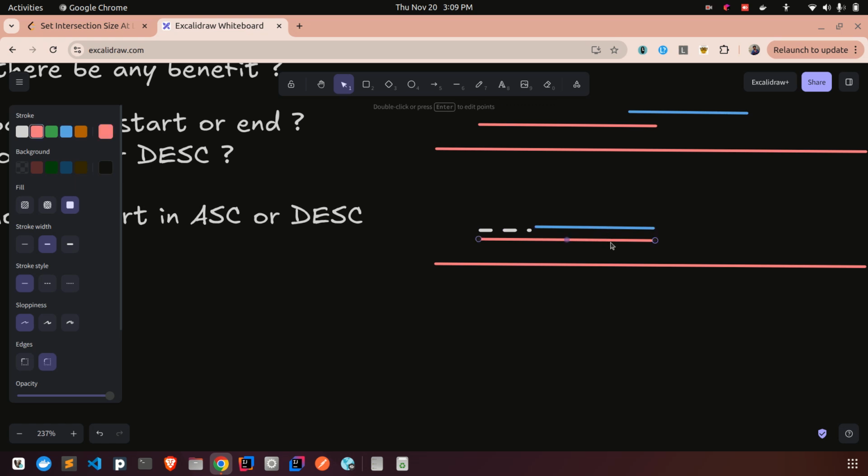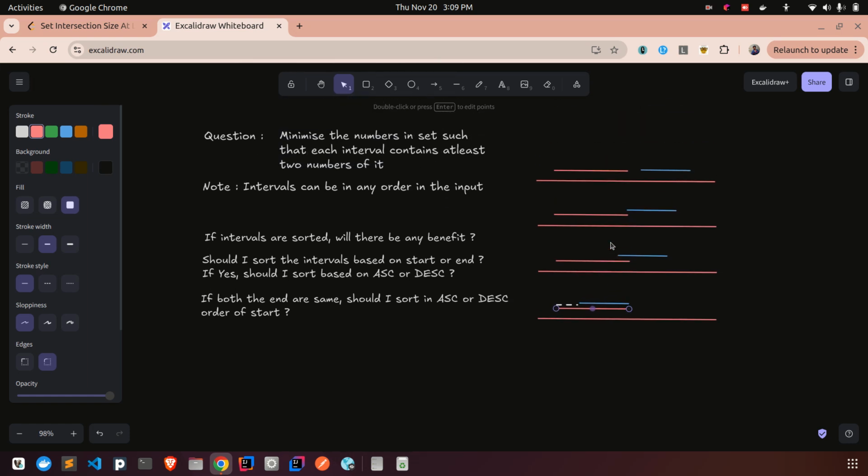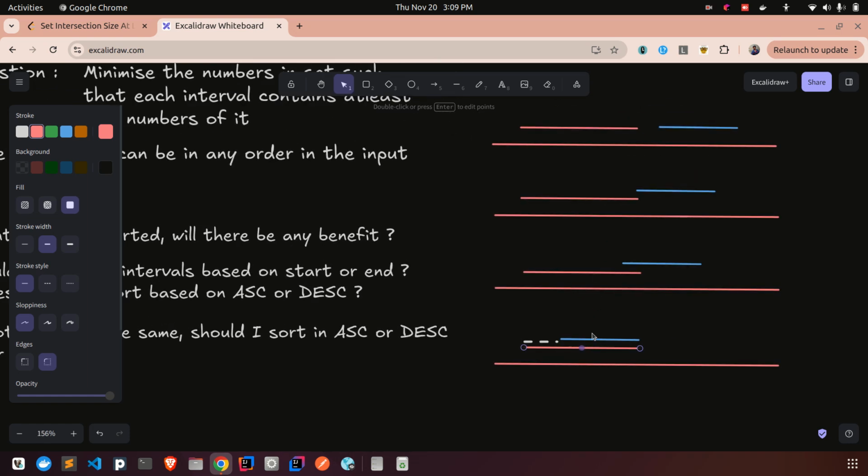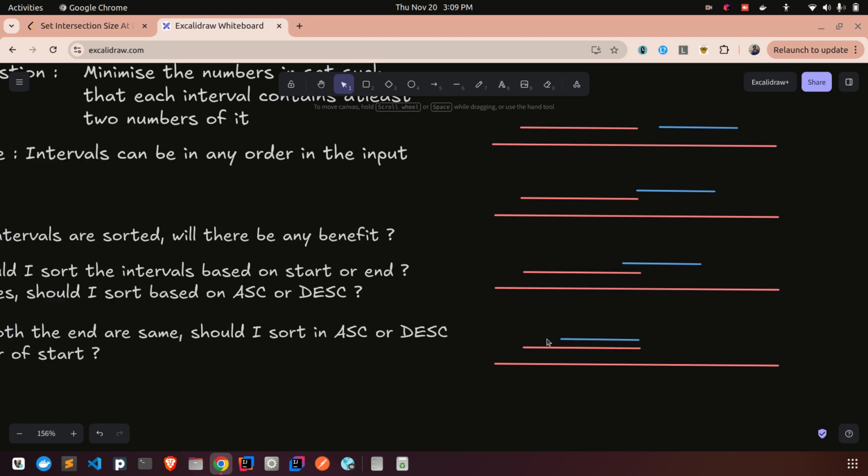Since our intention is to minimize the count, we will first try to pick the numbers from this one so that the picked numbers automatically fall in the other interval as well, and we don't have to pick any extra number altogether. So that is the intention.